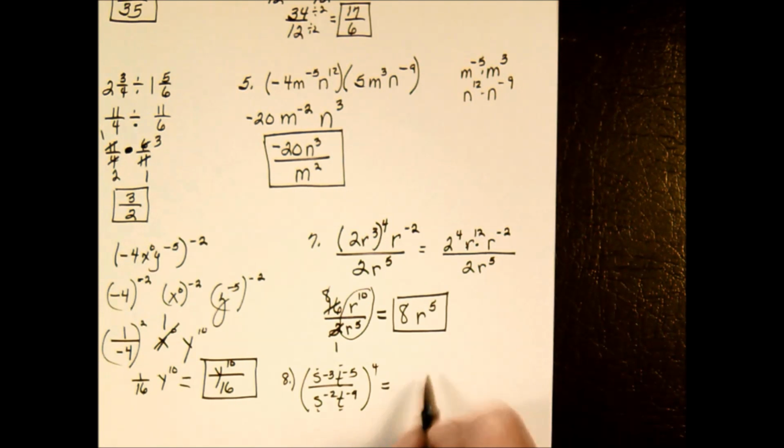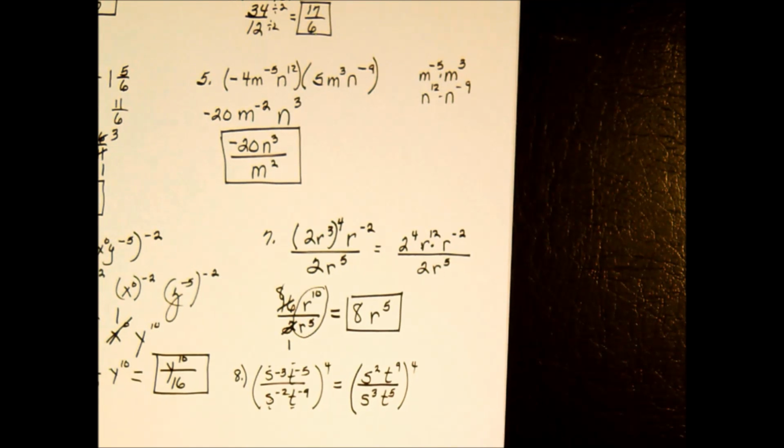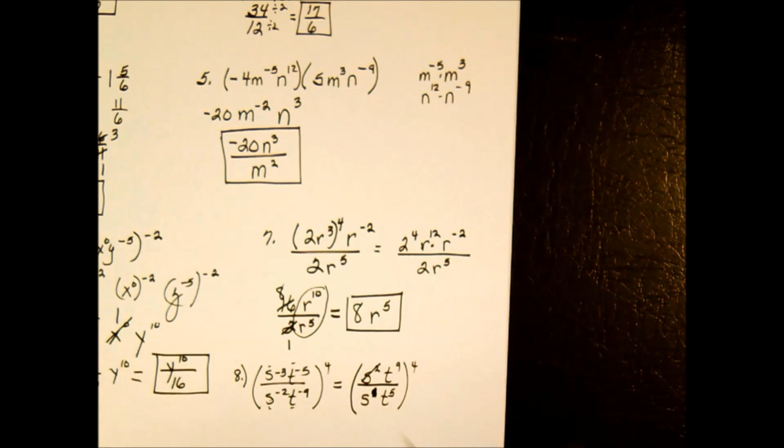So what's going to end up happening is s to the -3 comes down here and is positive. s to the -2 goes up here and is positive. t to the -5 comes down here and is positive, and t to the -9 is up here and is positive. Now we can still simplify before we apply that 4. These two s's cross cancel 2 of those, leaving 1.